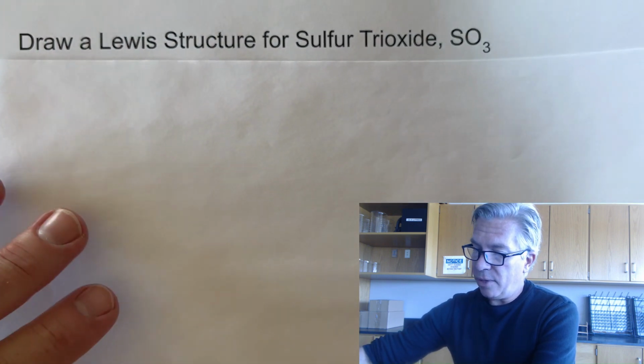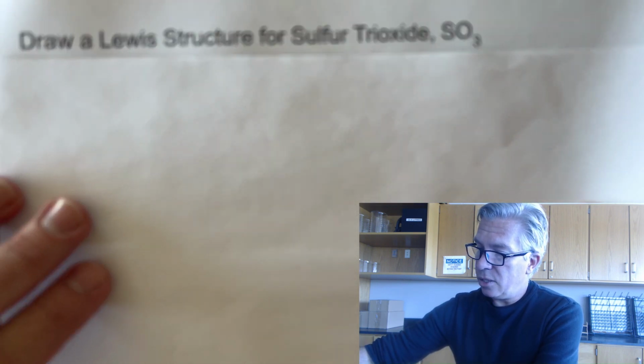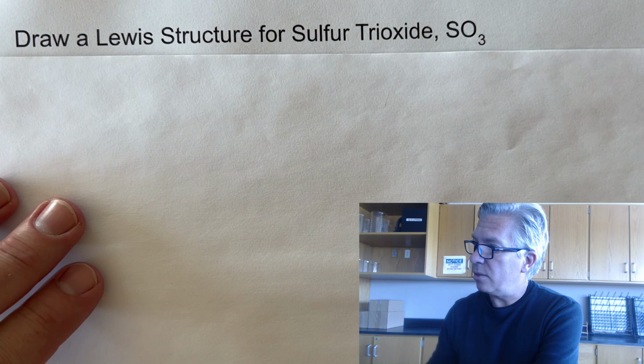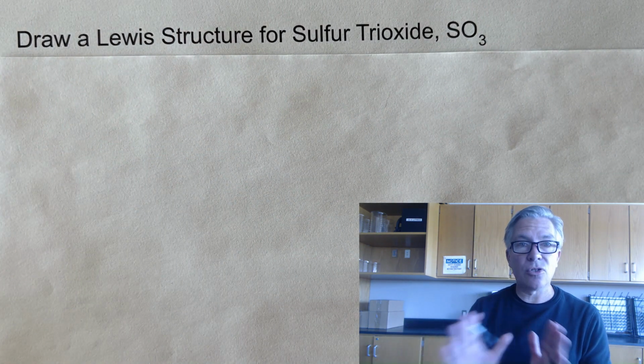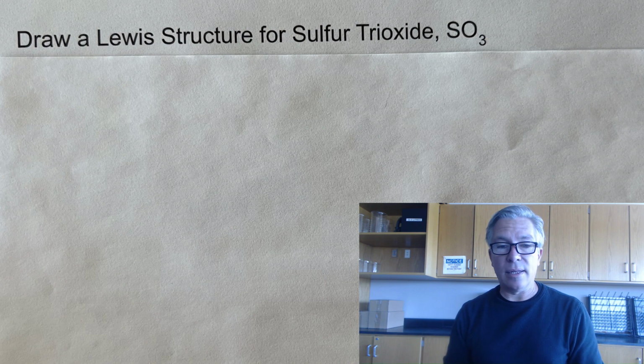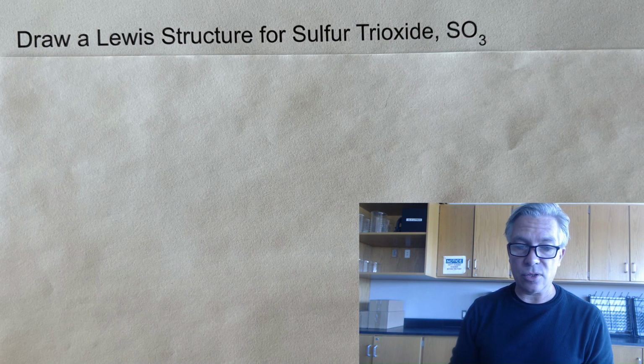We're going to draw the Lewis structure and resonance forms for sulfur trioxide. So there's our prompt. Take a moment, pause the video if you'd like, try to draw these molecules, and then come back in a second and we'll check the answers.